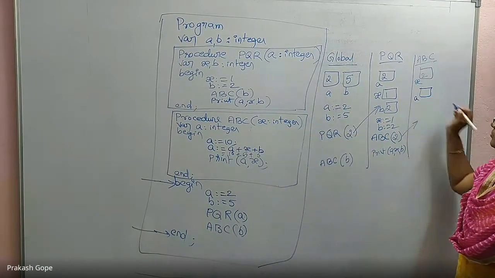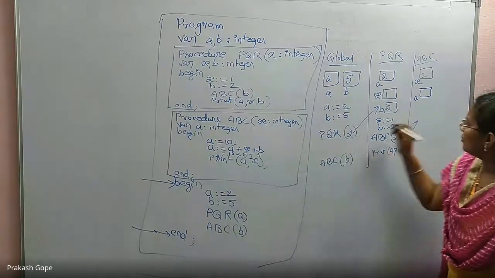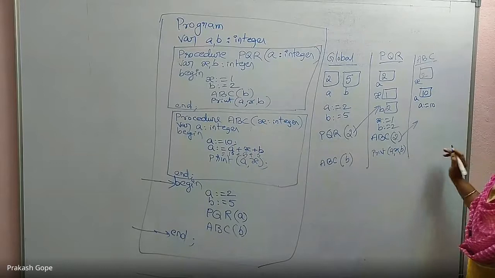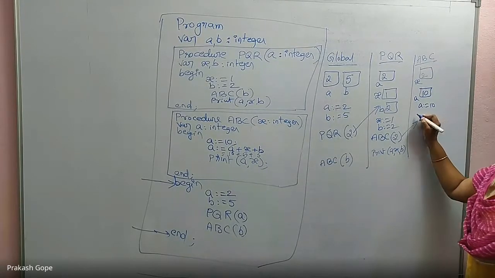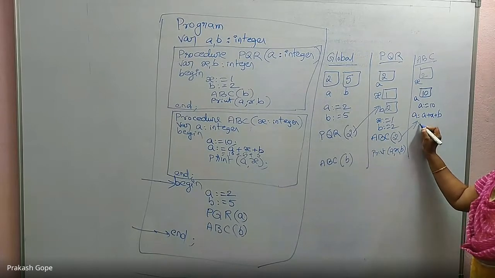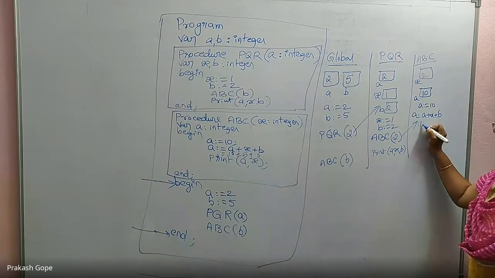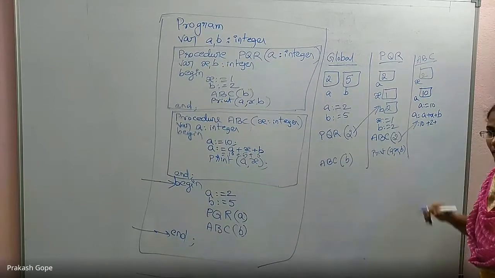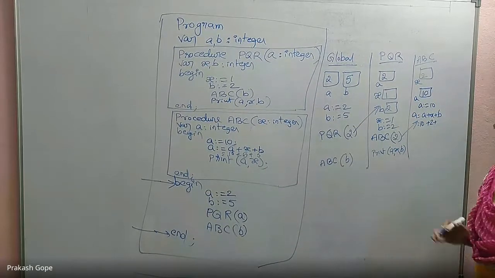Start execution. A equal to 10. A is locally declared, A is available, so that is assigned 10. Then A equal to A plus X plus B. A is the locally declared A, 10. X is the locally declared X, 2. B: I don't have a locally declared B now.